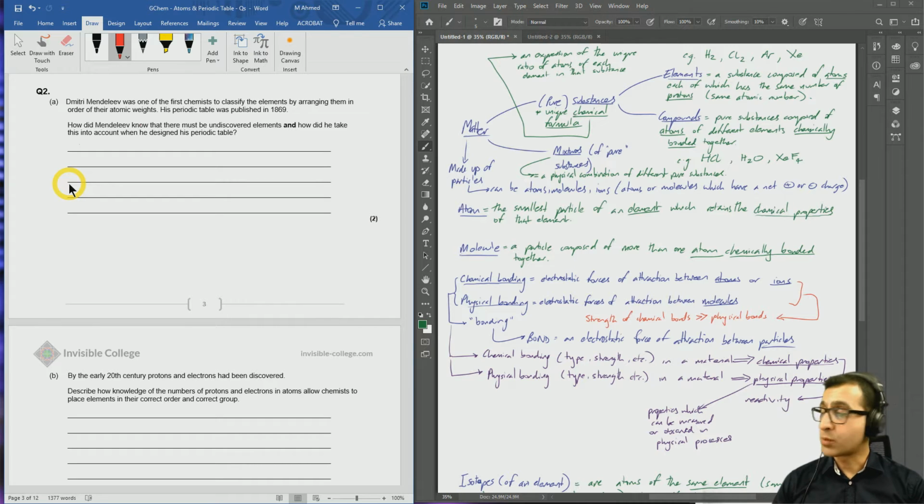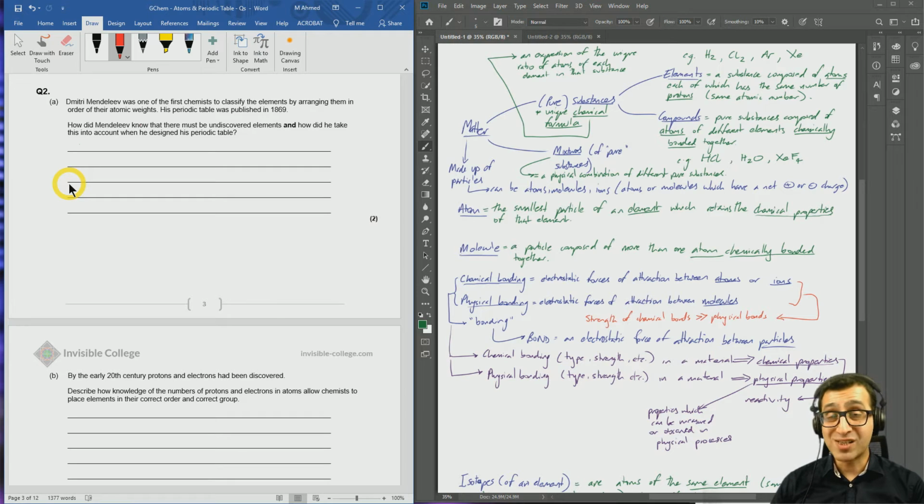So essentially, the explanation for this requires an understanding of the development of the periodic table. So the reason why he knew that there must be undiscovered elements was that Mendeleev's periodic table was based upon ordering the elements in rows and columns, but he knew that there must be undiscovered elements essentially because if you place the elements consecutively, then the elements would have the wrong properties.